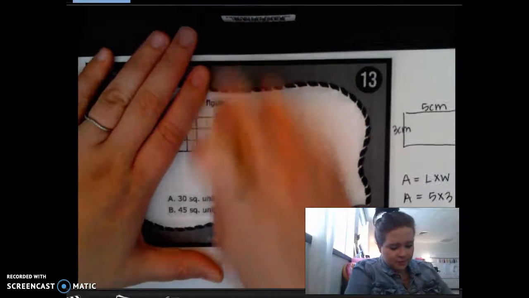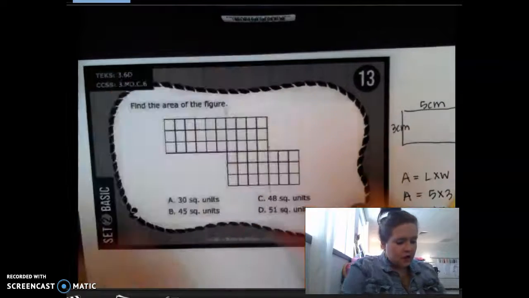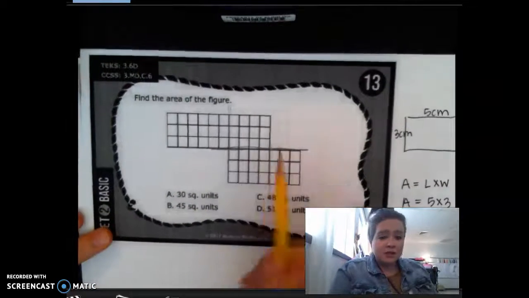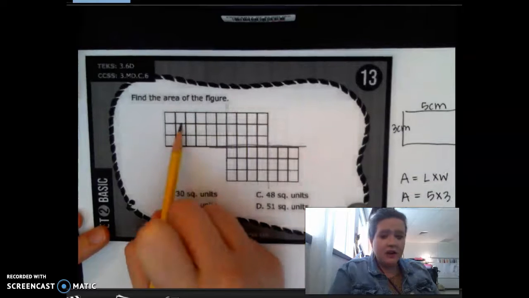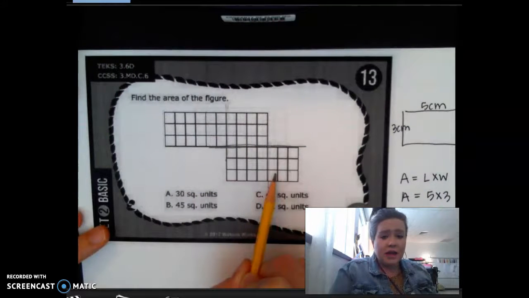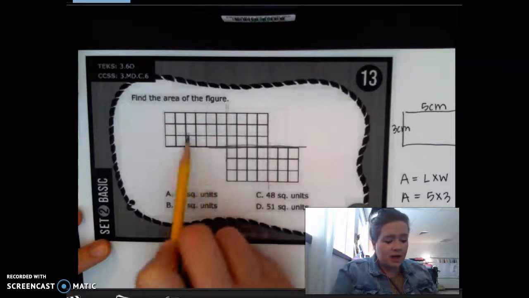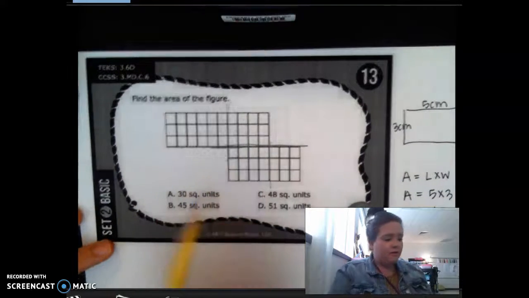Or you could split it like that. So I would find the area of this figure, and then find the area of this figure, and add the 2 products together to get the sum of the area of the whole figure, okay?